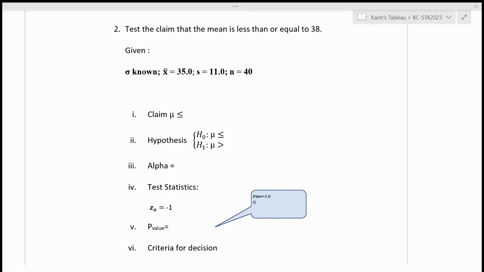You have to do the same thing that we were doing before. Just like we did, for example, find the claim, the hypothesis, the alpha, the statistics, the p-value, and then make a decision, just like we did before.